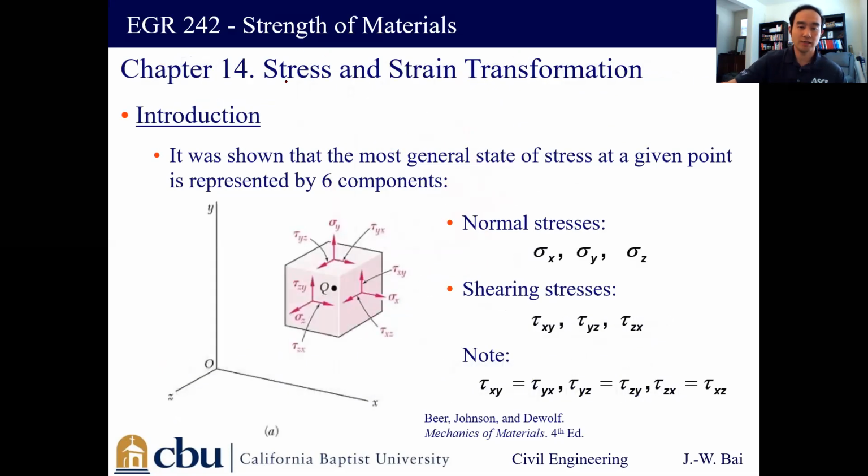So tau yz and tau zx are the two out-of-plane directions of the stresses. So let's say tau yz, this is gone, tau zx, this is gone, and the sigma z will be gone. So all the remaining stresses will be our unknowns. Then we're looking for those stresses while these three are going to be 0.